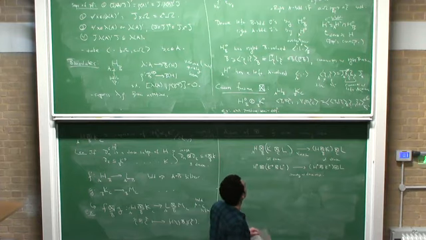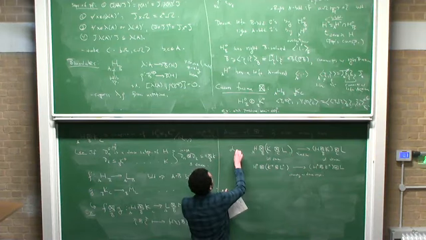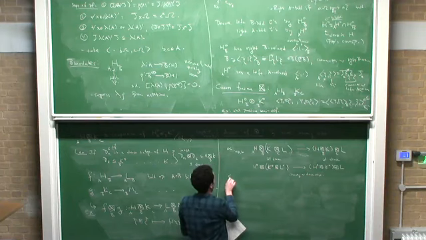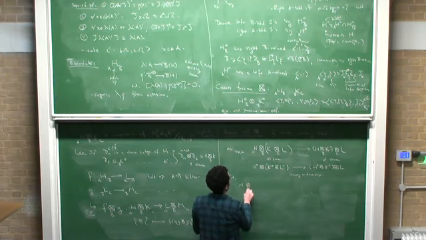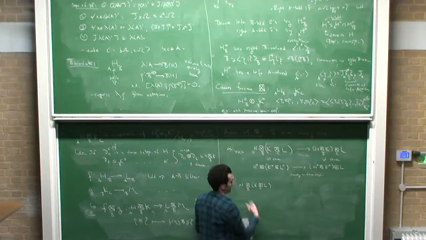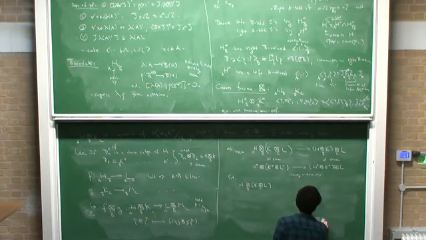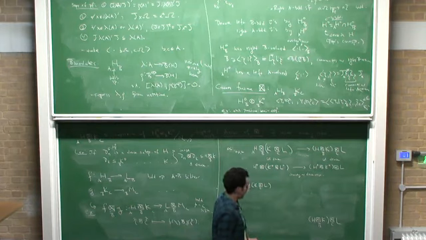That's how you define the associator, alpha HKL. Now it satisfies the following. If I take H, I can associate this way, or I can associate another way, and there is a coherence axiom.